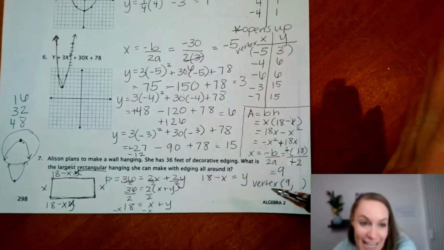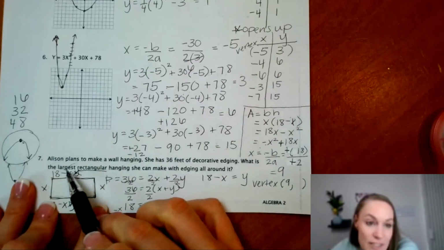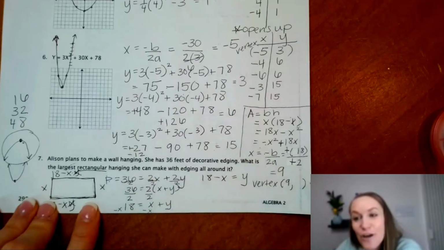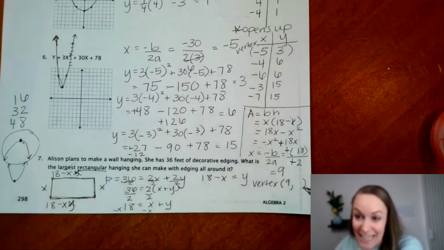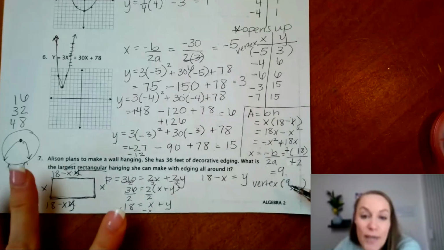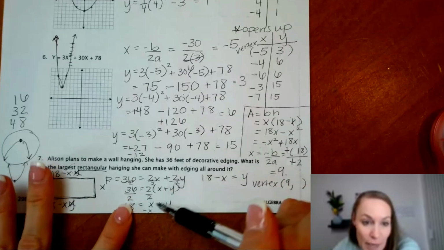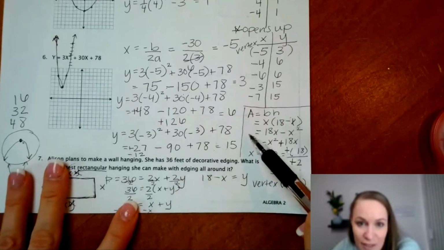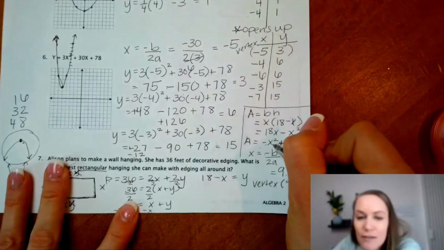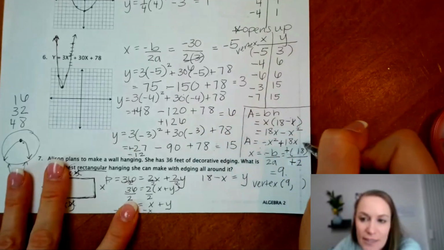Now in this case, I want to know what's the largest rectangular hanging. So I actually don't care about the y value in this case. So I only care about this 9. But you can plug the 9 back into my equation up here. I've got this equation, A equals negative x squared plus 18x.